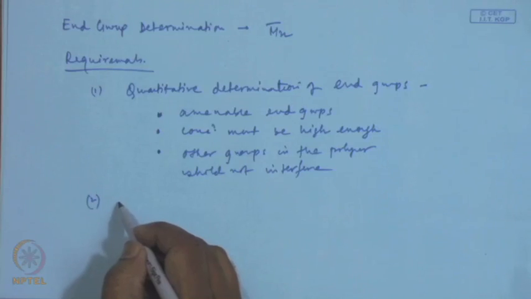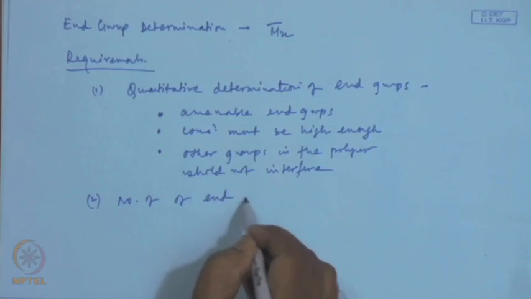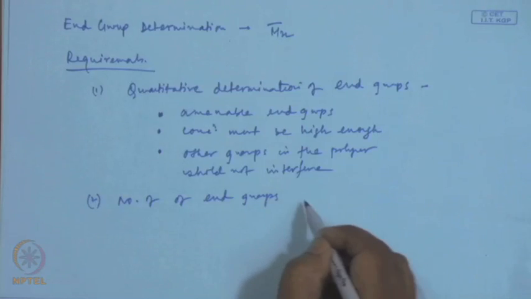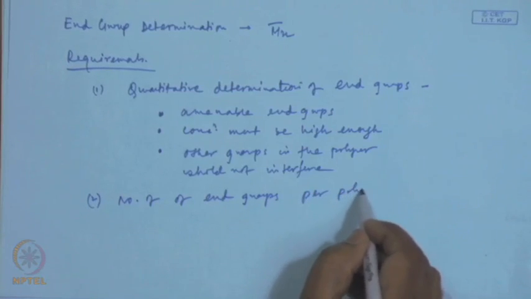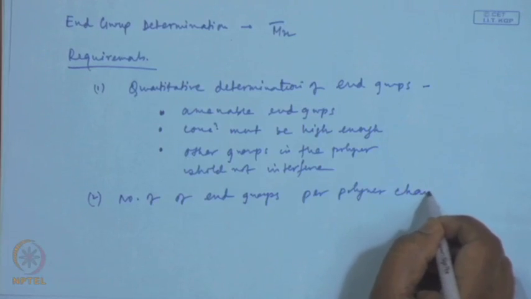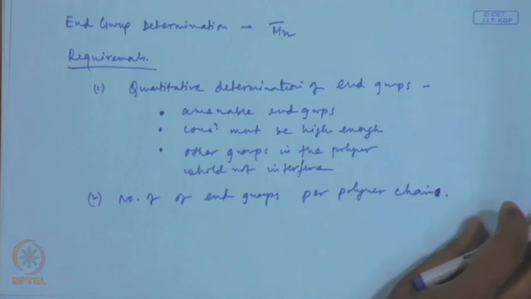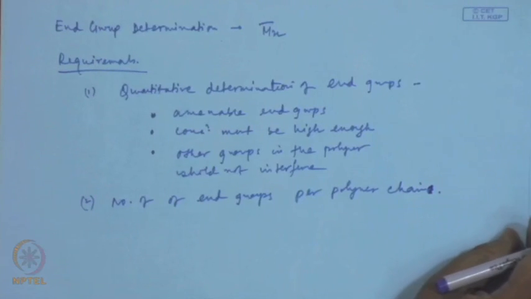Secondly, we must know the number of end groups per polymer chain. So, in each polymer chain, how many chains are there.